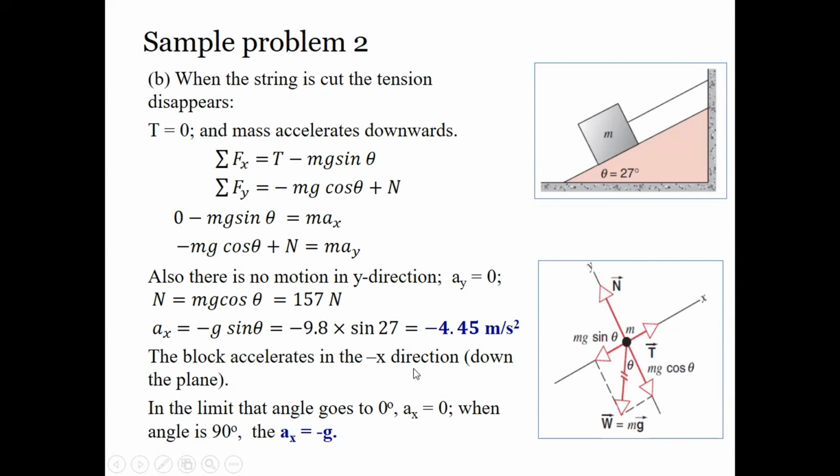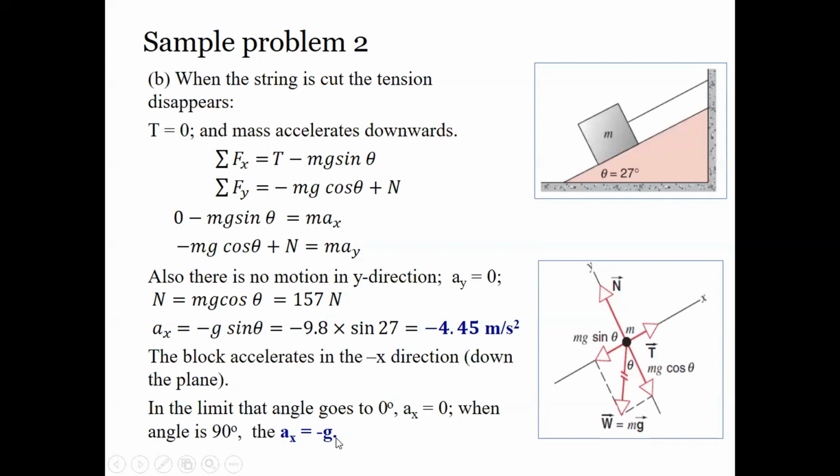In the limit that this angle theta becomes 0, you can see here that sine theta becomes 0, therefore ax becomes 0. So when the angle is 0, the acceleration will be 0. And if the angle is 90 degrees, then the sine of 90 degrees will be equal to 1, and the acceleration will become minus g.